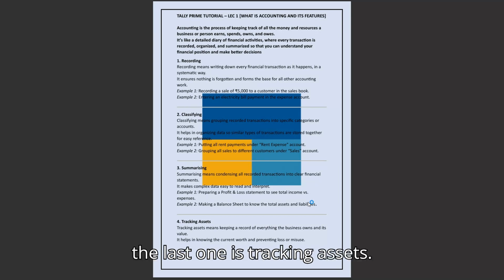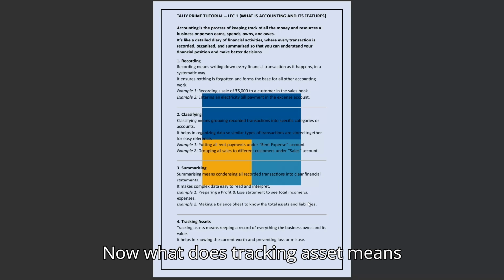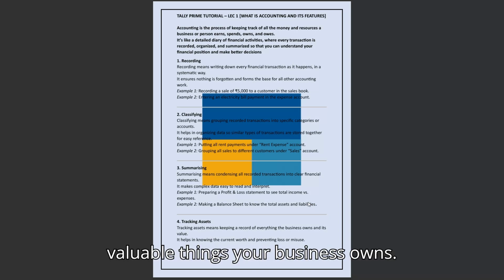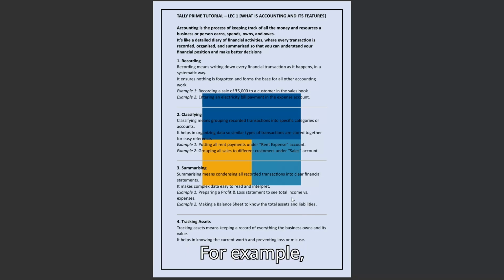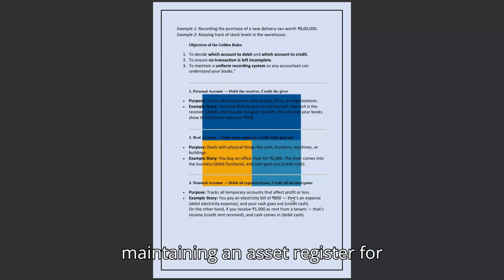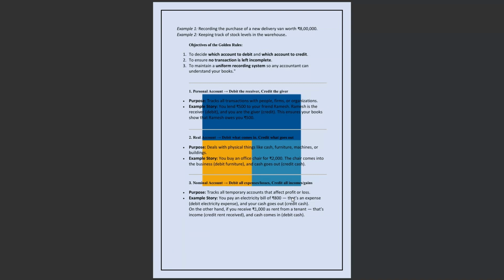Now the last one is tracking assets. What does tracking assets mean? It means keeping a record of valuable things your business owns. For example, maintaining an asset register for machinery purchased by a factory. What is the reason behind maintaining the asset register?